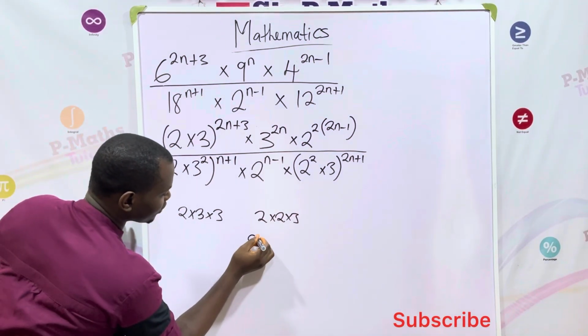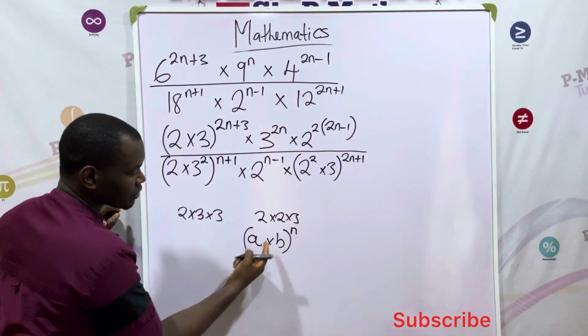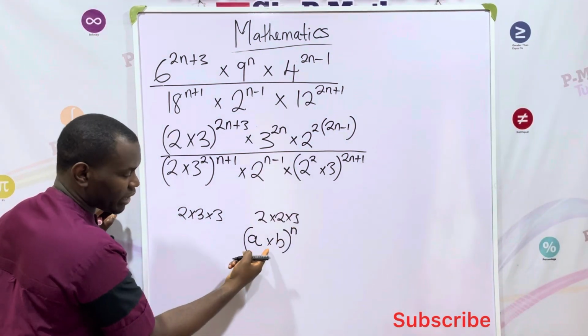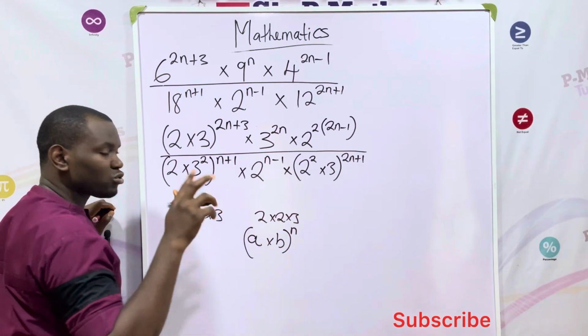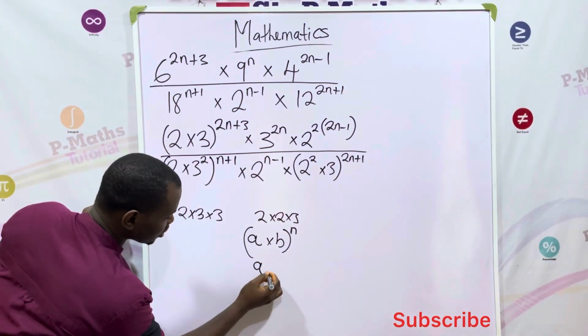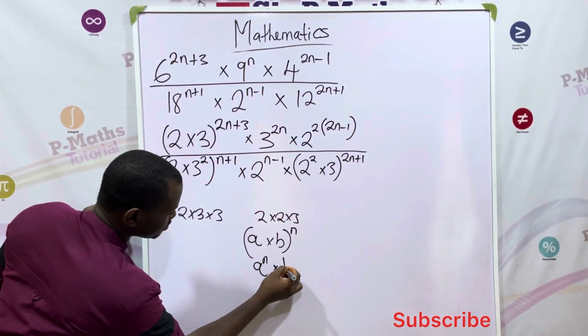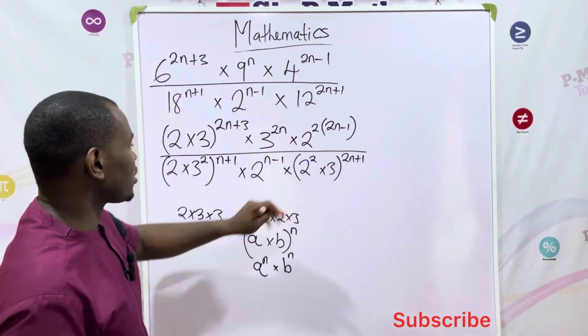Remember that when you have, let's say, a times b all to the power of n, this power can be distributed to both of them, so long as they have multiplication in between them. So when two numbers multiply themselves, power can be distributed. So this is a power n times b power n. Let's apply this to so many of them here.